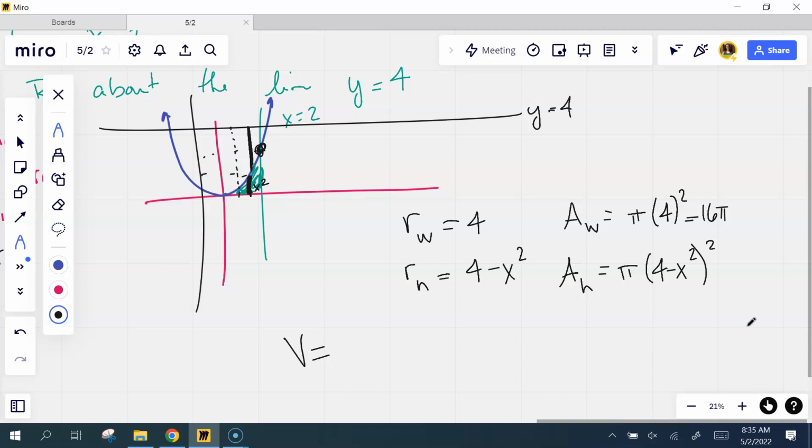That is x equals 2, is that line, right? So I'm going from 0 to 2. And again, I can take that pi out and throw it on the outside since it's in both, but you don't have to. Because it said it's bounded by the line x equals 2.